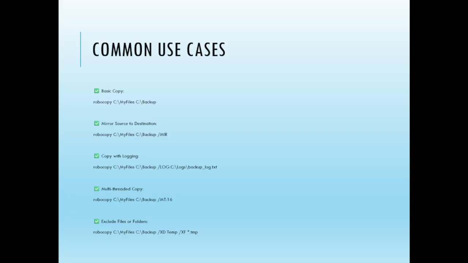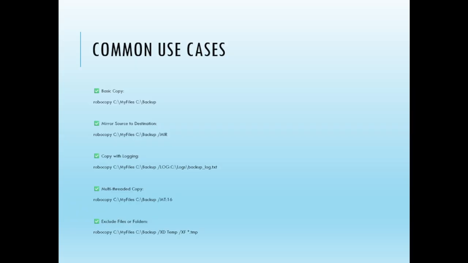And the next one is exclude files or folders. Robocopy source directory and destination directory /xd to exclude directories and then mention the directory. You can also mention multiple directory names by giving a space between them.